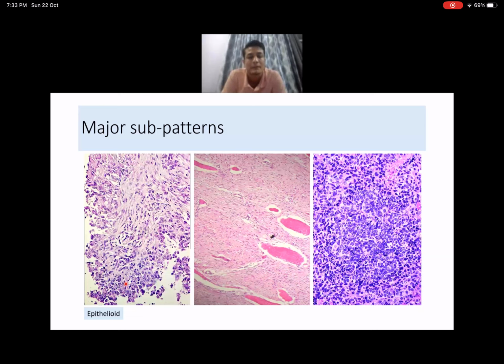Yes, ma'am. Mesenchymal pattern doesn't necessarily need mesenchymal cells. It can be present at any other site. But how do I recognize a mesenchymal pattern, please, Sudesh? If there is presence of spindle cells, ma'am. It must have spindle or stellate cells. It is made up of spindle cells, okay?